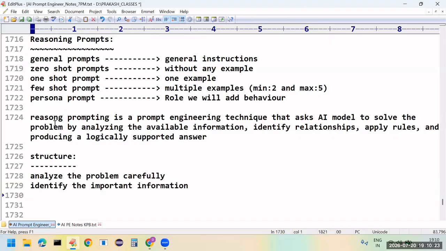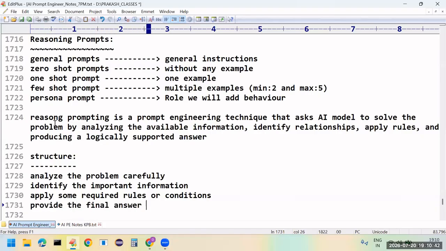After that, apply some required rules, or we can also call them conditions. After that, provide the final answer with a short explanation. This is the structure we have.